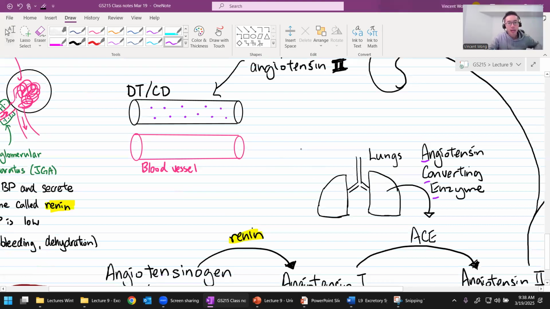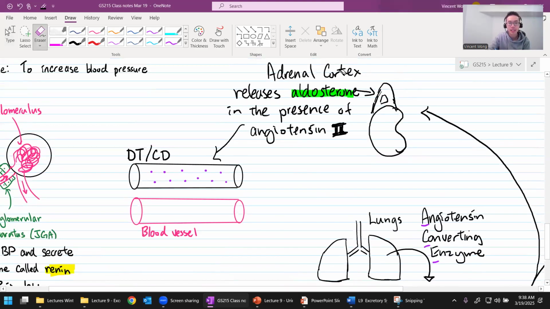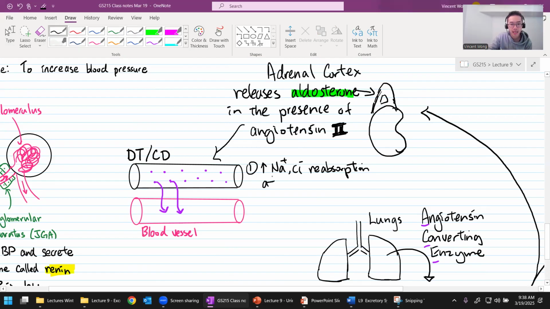And so what happens is, under the influence of aldosterone, your body will absorb more NaCl back into the blood vessel. That's the first step: increased NaCl reabsorption at the DT and CT, distal tubule and collecting duct.